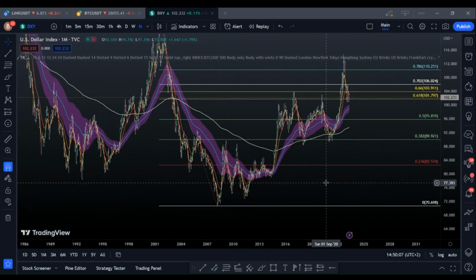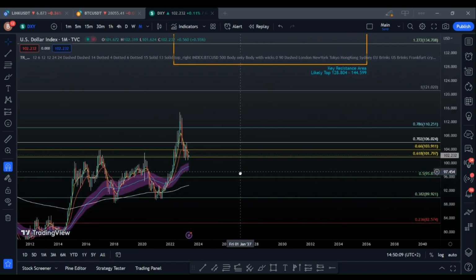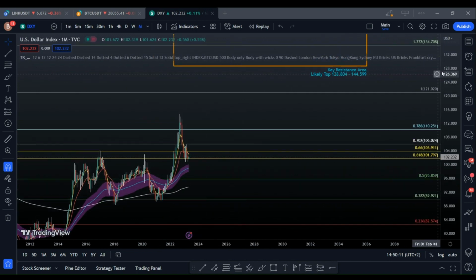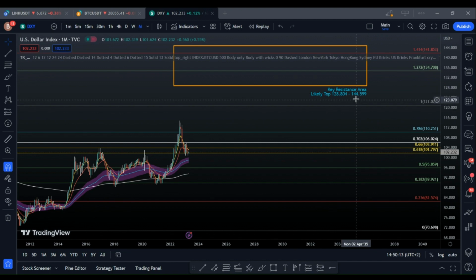So basically, we're at a huge turning point: whether we will truly pump to our impulse targets that we have drawn in our previous videos, or instead go down and have a huge bull run for crypto and stocks.